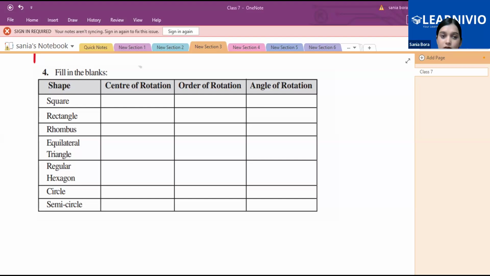Shreya, you said something. I can't hear you. You are on mute, I guess. I didn't hear any answer. Students, can you hear me? Shreya, you are on mute. Others can hear me? Yes, ma'am, I can hear you. Okay, Shreya, you tell me the answer for the first one.